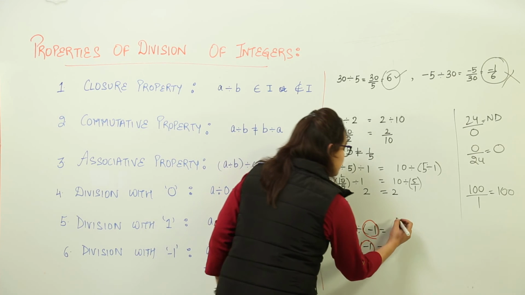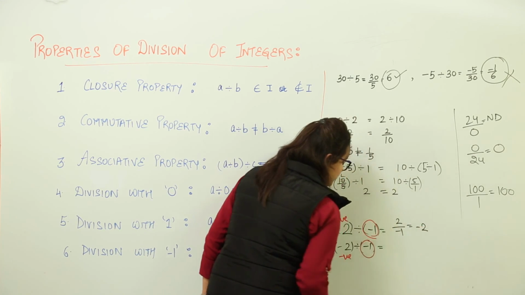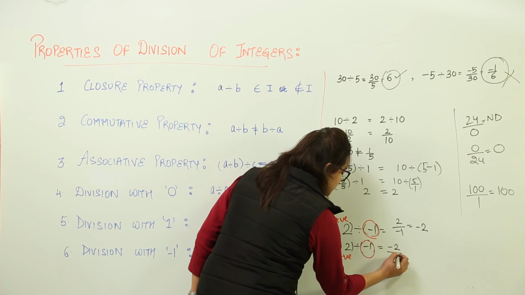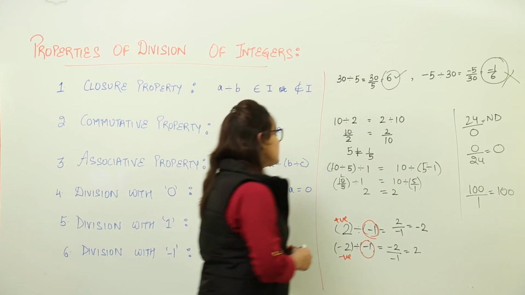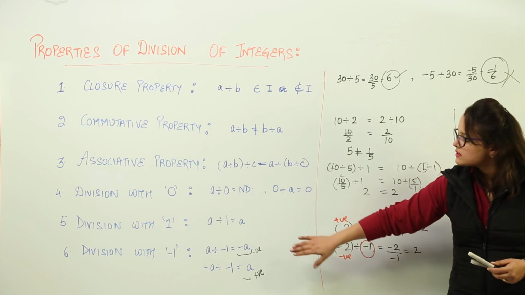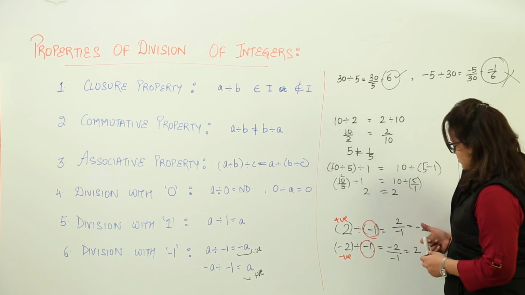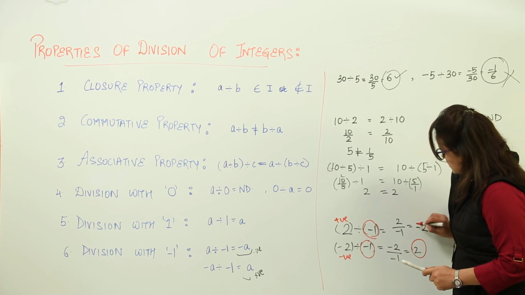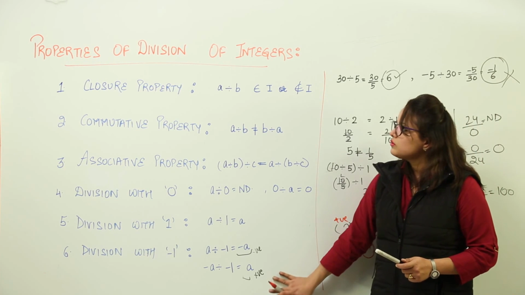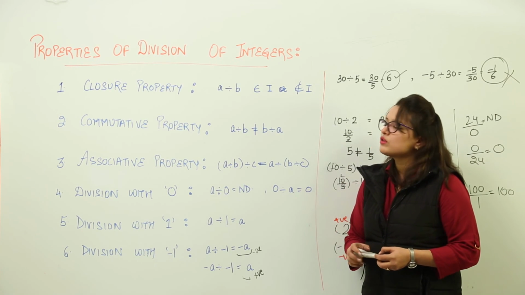Let's check that out. 2 upon -1 is going to give us -2, whereas if you do -2 upon -1, that would give you +2. As we discussed, the answers on division will give a negative and positive integer. Here also we have got a negative and a positive integer. So that means the laws that have been written here are true. So this was about the properties of division of integers.